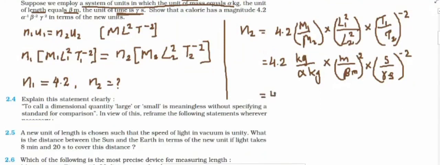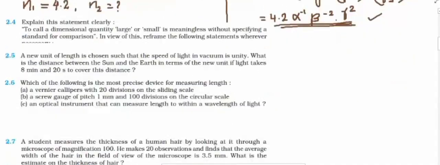So equal to 4.2 into kilogram and kilogram get cancelled. Alpha goes to numerator, so alpha raised to minus 1. Here meter cancels and beta goes to numerator, so beta raised to minus 2. Here second cancels, gamma raised to minus 2 will come. When it goes to numerator, it becomes gamma raised to plus 2. And this is what you were asked to prove.